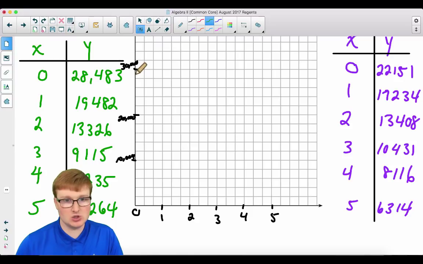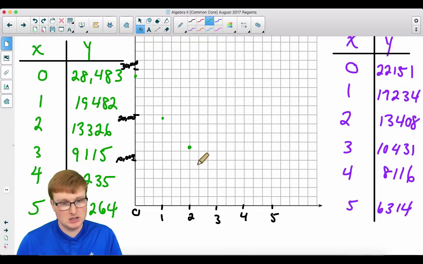So at 0, this is 28,483. So that's right there. Now I'm just basically drawing it. At 1, this is 19, so it's around here in this vicinity. 2 is 13, somewhere up here in the middle. 3 is about 9,000, right around the middle too. 4 is 6.